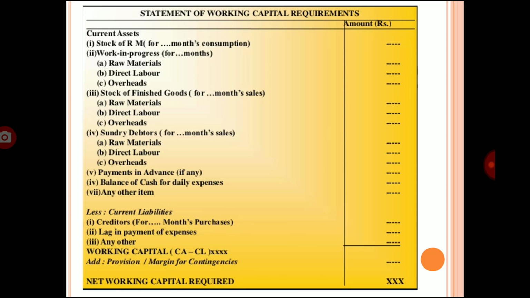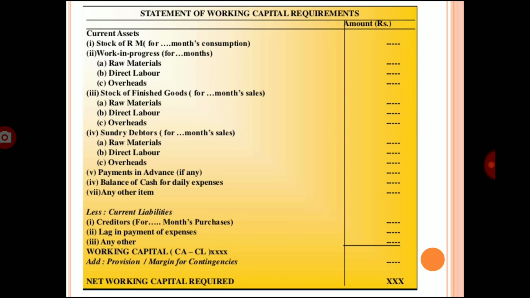The second step of the current asset is work in process. What is work in process? To identify the raw material, direct labor and overhead. What is the level of consumption of this raw material, direct labor and overheads at the work in process level, that you have to identify in months, right?